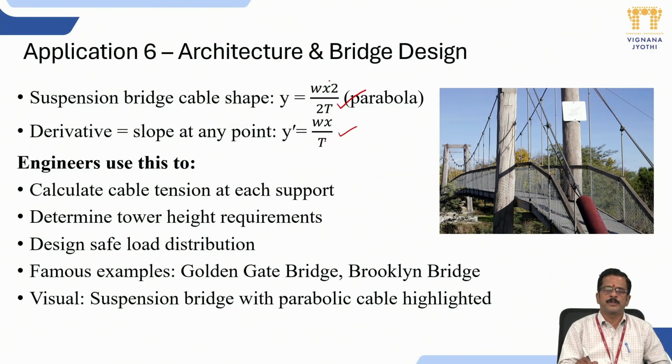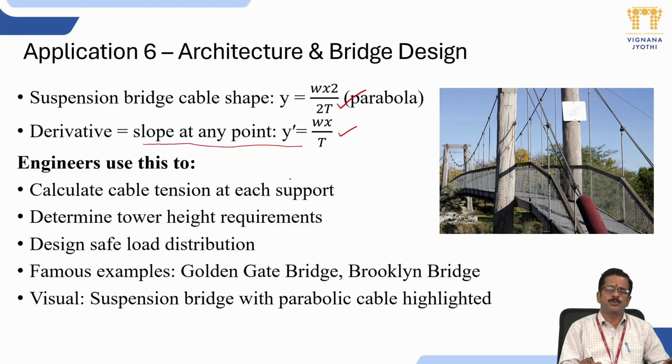This derivative gives the slope at a point. So suspension bridges can be constructed under the concept of derivatives. Derivatives help us evaluate perfect slopes, so that the suspension bridge will last a long time.